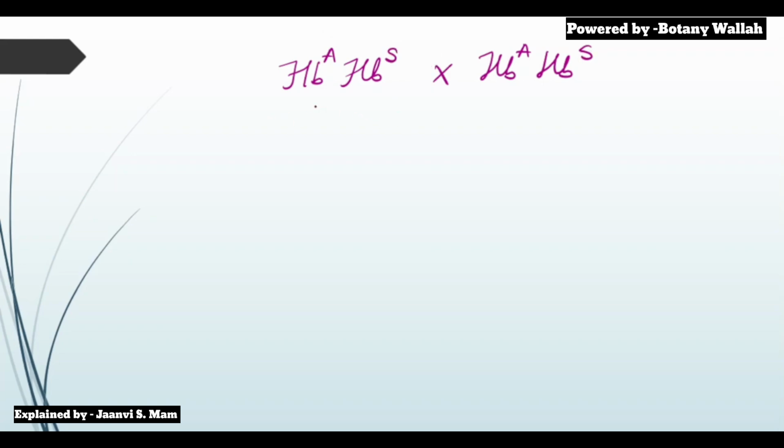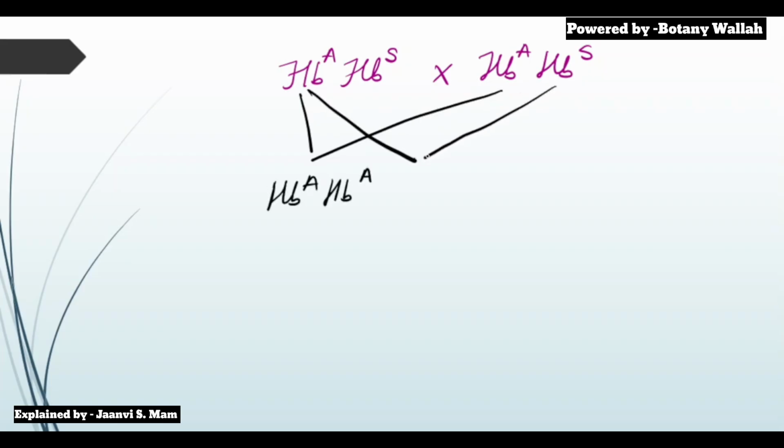So you will have your 2 gametes. Okay, I'm not showing that step. You should understand now. You can draw it like this, showing 2 gametes and doing all that. But now I am doing it directly. So I will get HBA HBA as the first possibility. Then I will get the second possibility as HBA HBS.